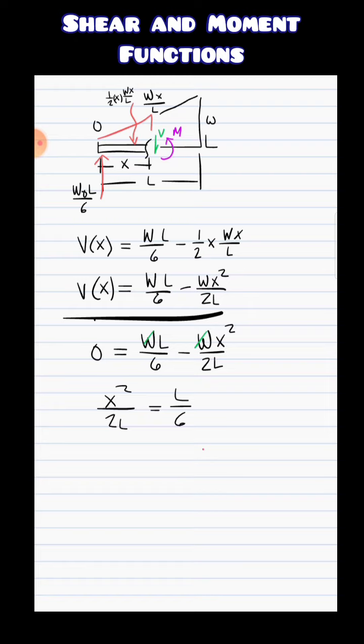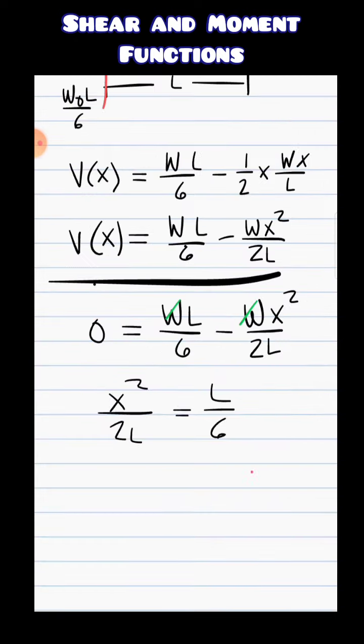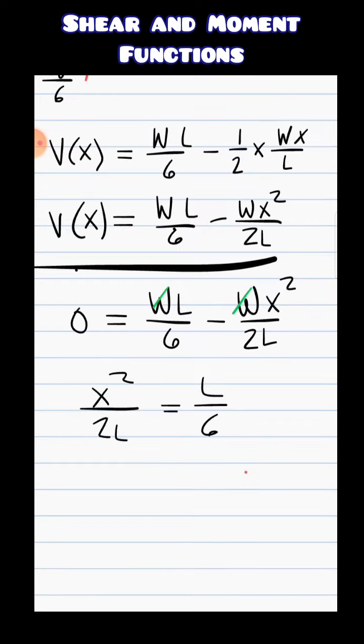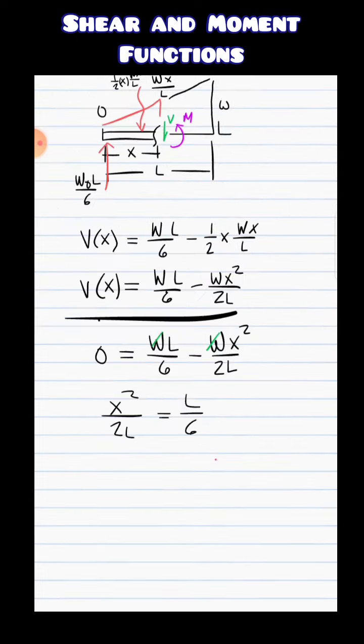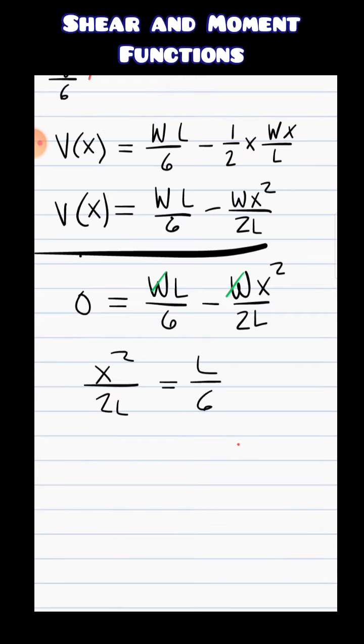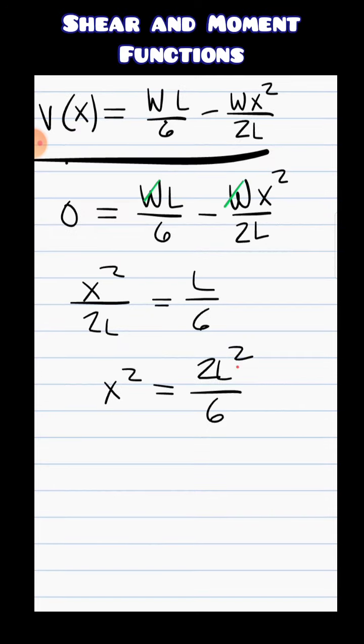Since we are just looking for the distance, we disregard the negative root. x squared will have two roots, positive and negative, and since there's no negative distance, it is acceptable to do this. So x squared becomes 2L squared over 6, and simplifying, this becomes 1/3 of L squared.